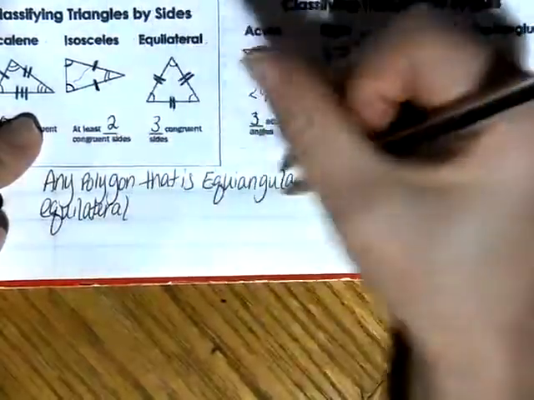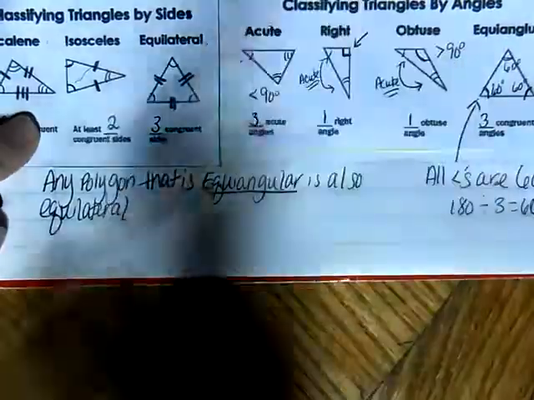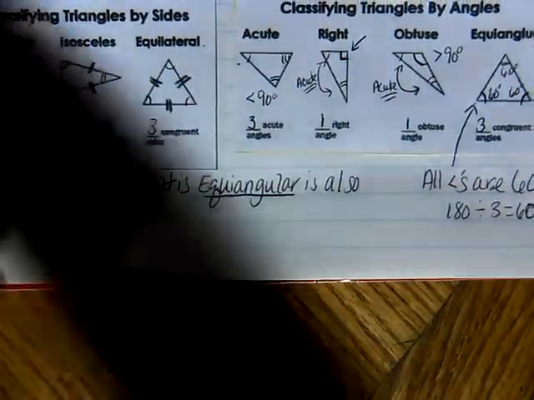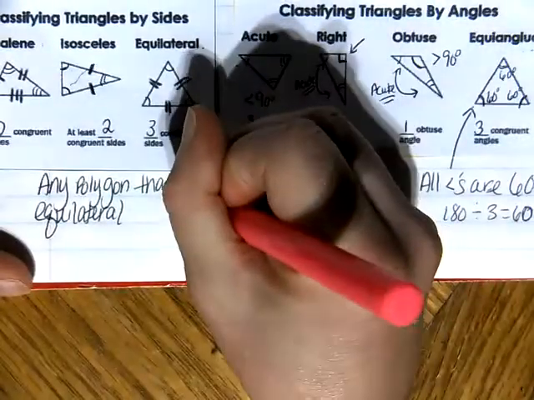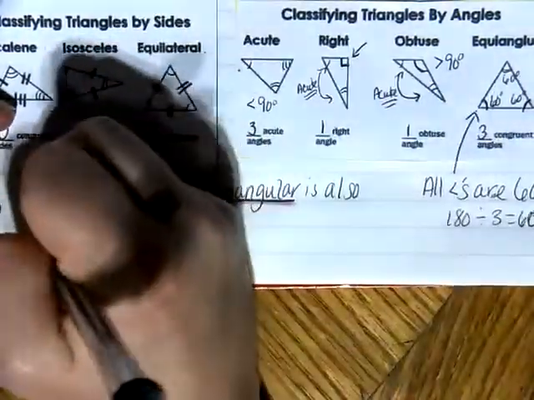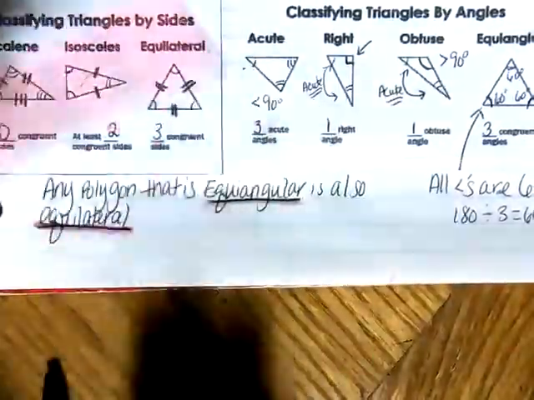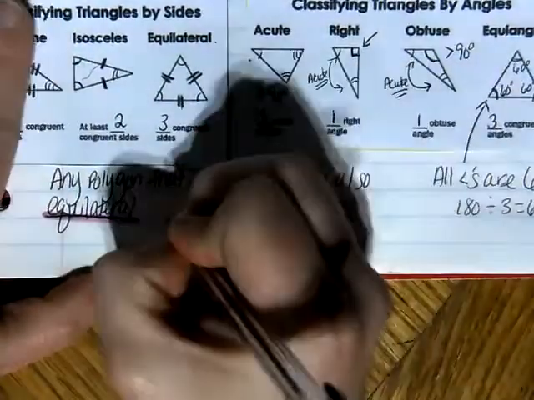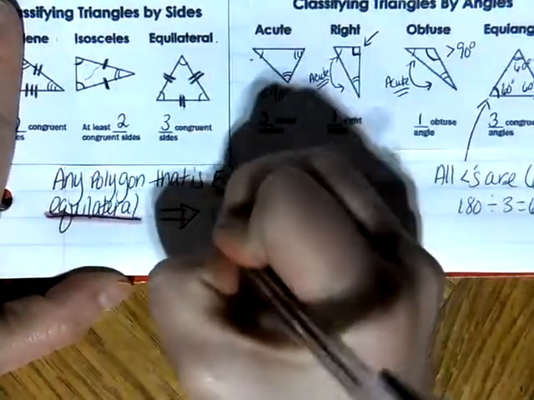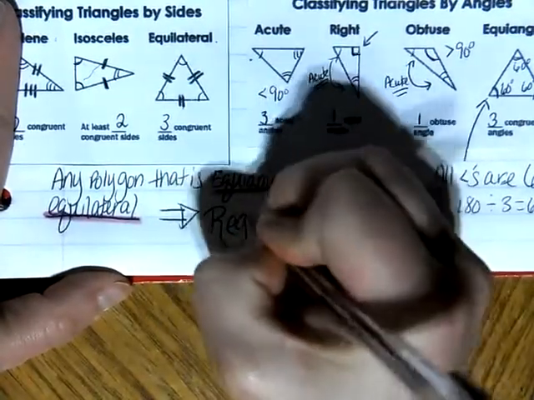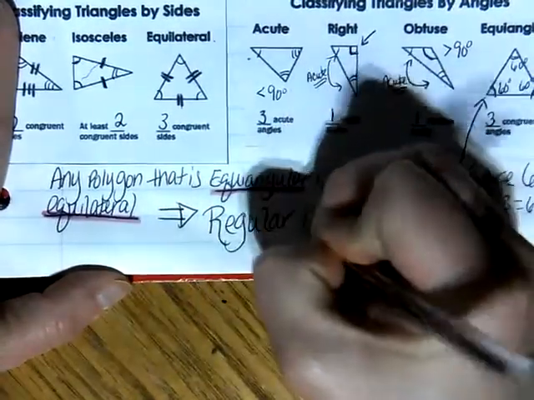And if a polygon is both equiangular, meaning that every single angle has the same exact measure, and it is also equilateral, any polygon that is both equiangular and equilateral, we call those regular polygons.